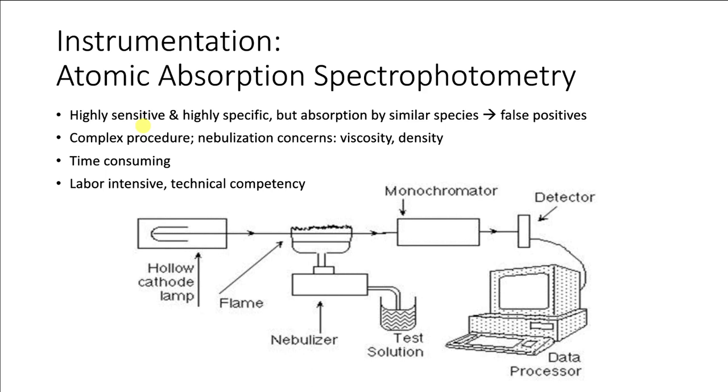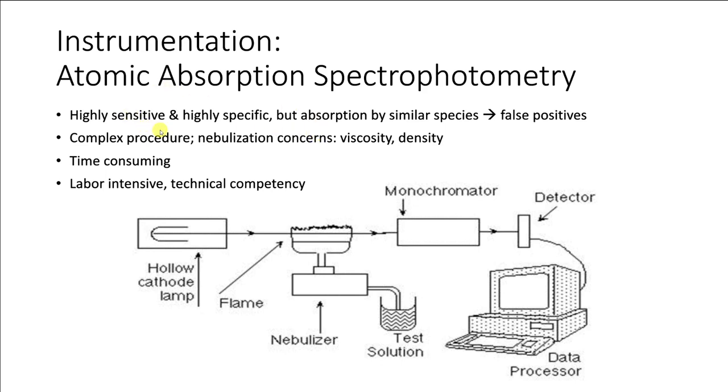So anytime you see atomic absorption done, it's usually going to be chemically sterile. We're not keeping bacteria out per se, but we're trying to keep other elements that would look really close to that metal that we want out of the space.